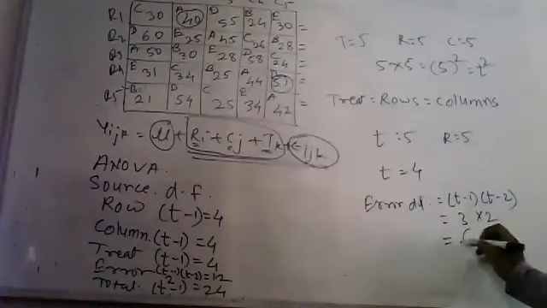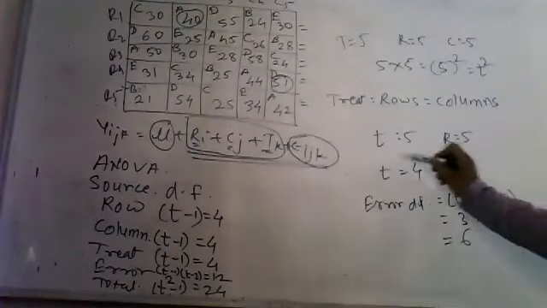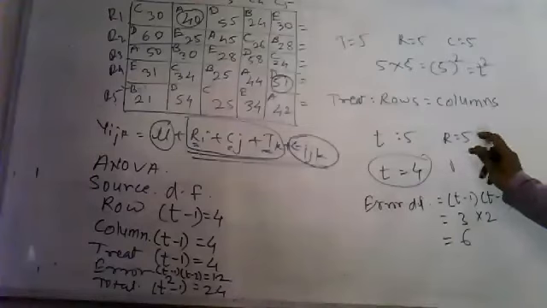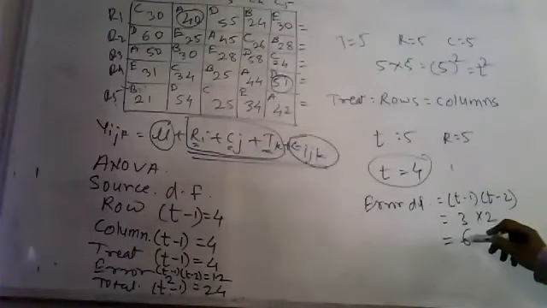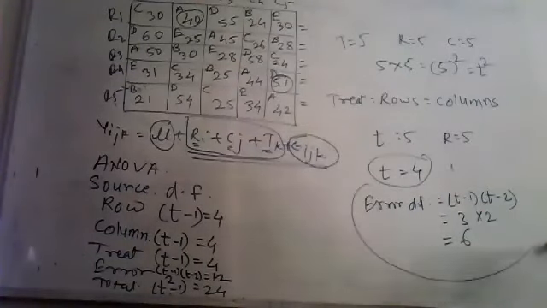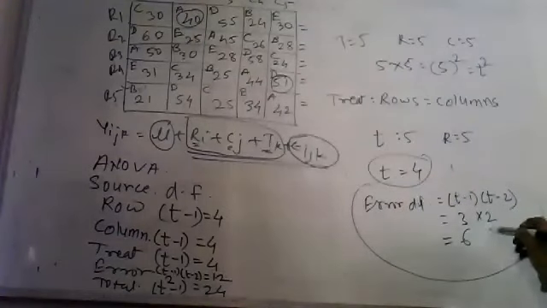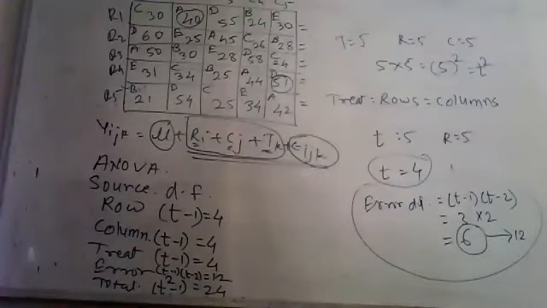So error degree of freedom will be 6, which is not feasible. You all know that error degree of freedom should be minimum 12. So 4 treatments cannot be used in LSD design.